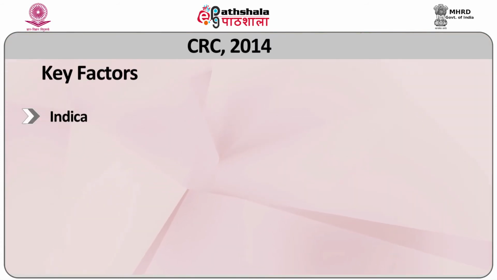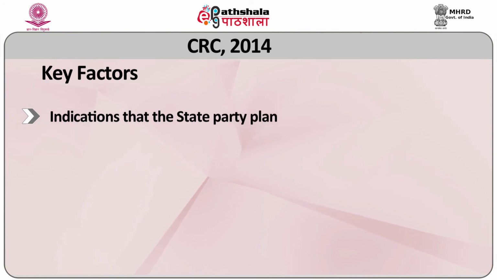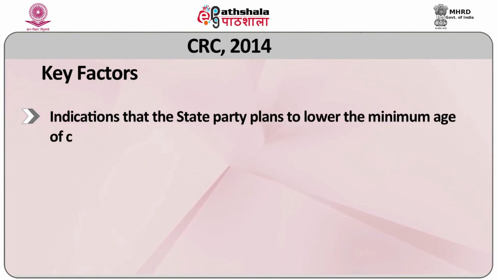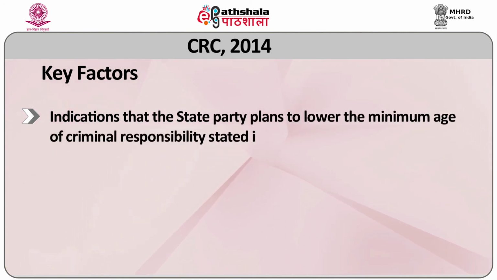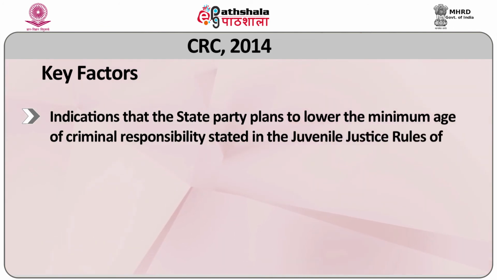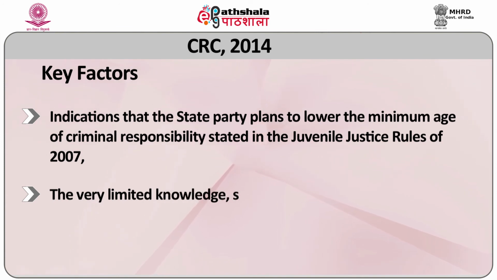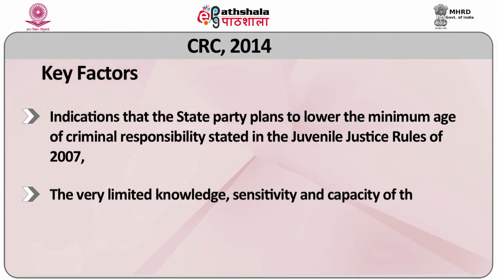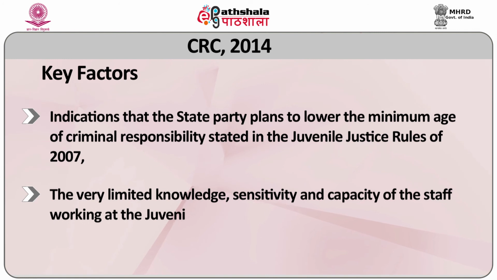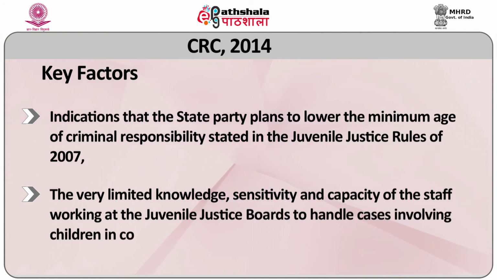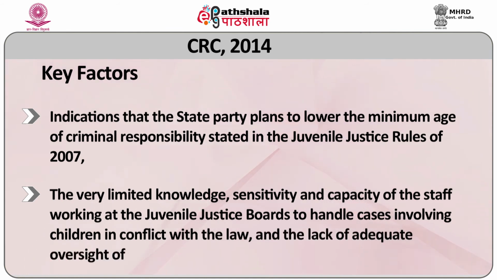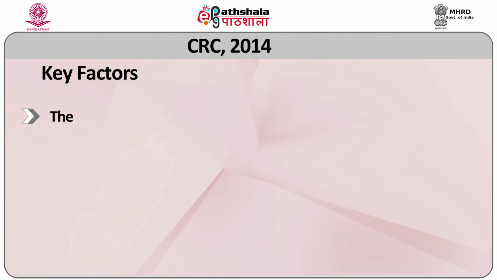1. Indications that India plans to lower the minimum age of criminal responsibility stated in the Juvenile Justice Rules of 2007. 2. The very limited knowledge, sensitivity and capacity of the staff working at the juvenile justice boards to handle cases involving children in conflict with the law, and the lack of adequate oversight of the boards. 3.